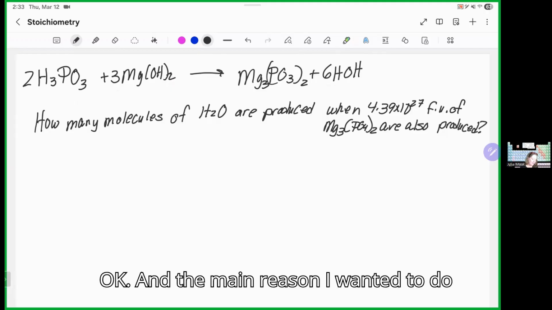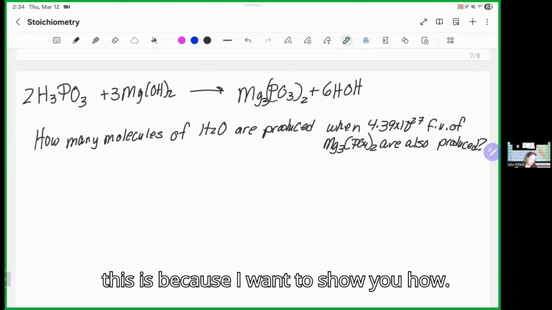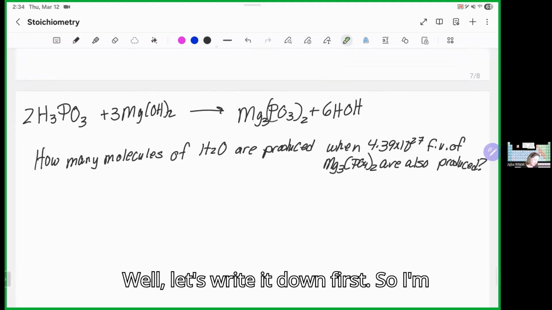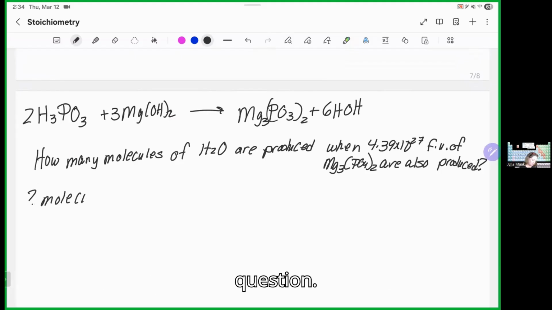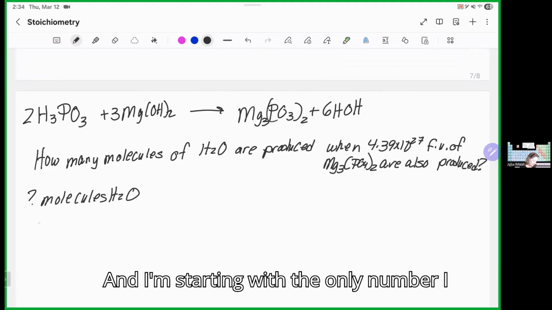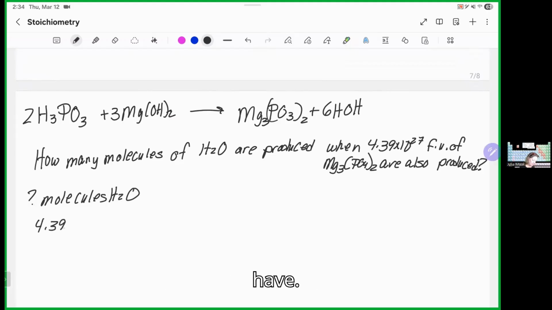Okay. And the main reason I wanted to do this is because I want to show you, well, let's write it down first. So I'm looking for molecules of water. That's my question. And I'm starting with the only number I have, 10 to the 27.